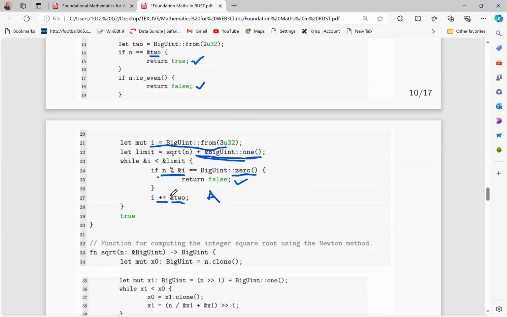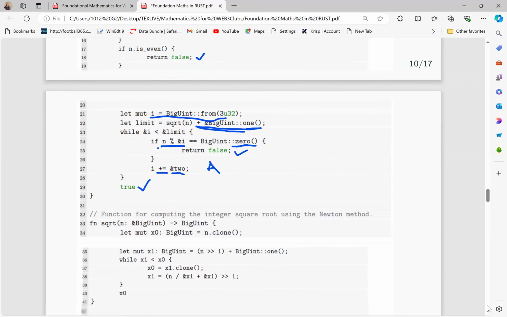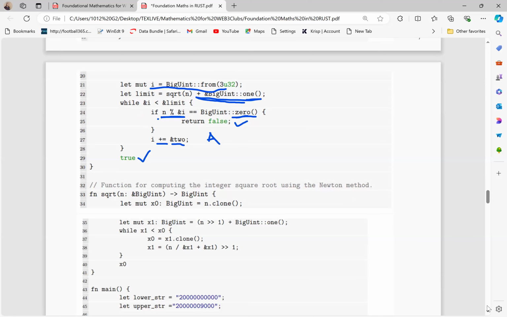But what I want to look at at this point is i plus 2. That gives us 3, which is a prime number, so you mark it true. This function does that through all the numbers.